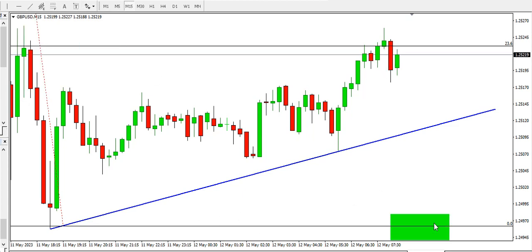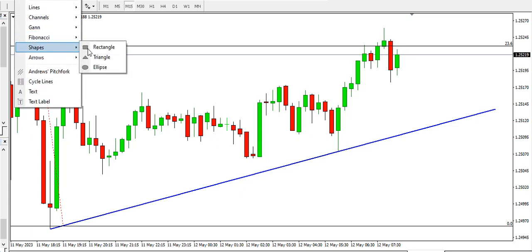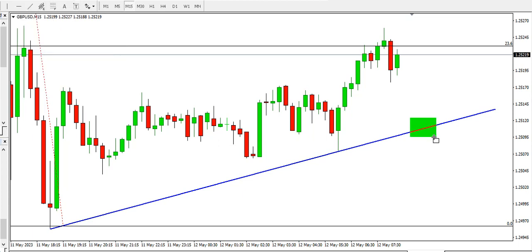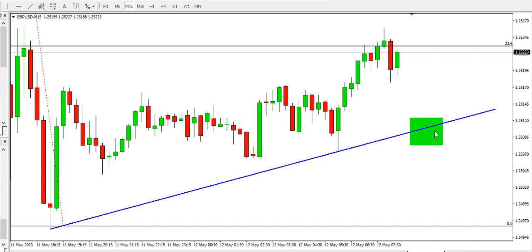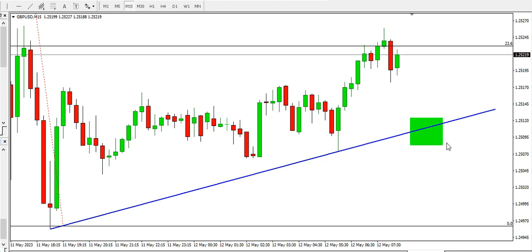If price gets to this area and breaks the structure, then we might see further downside of GBP. But before the structure is broken, price might need to break this ascending trend line somewhere around the 1.25 area.